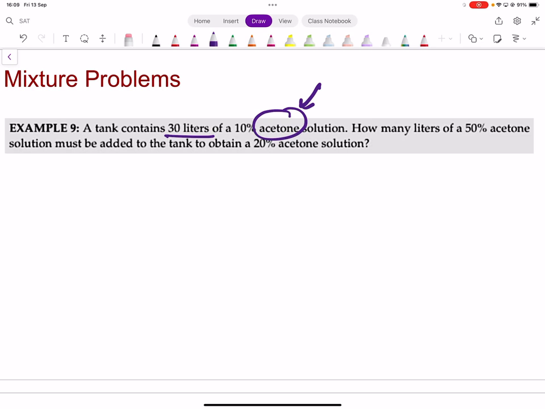Chemical है? अच्छा, nail polish. So that's a chemical, right? Yeah, technically that's a chemical. So 10% of that. What does that mean? 30 liters में 3 liters acetone.